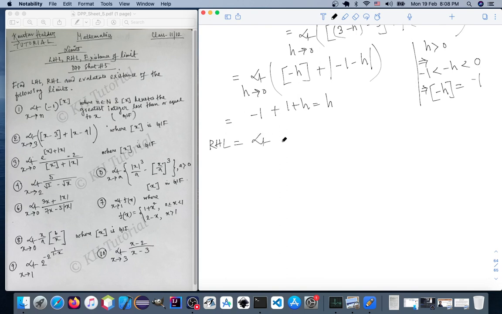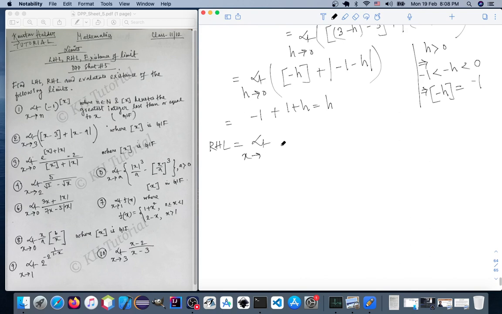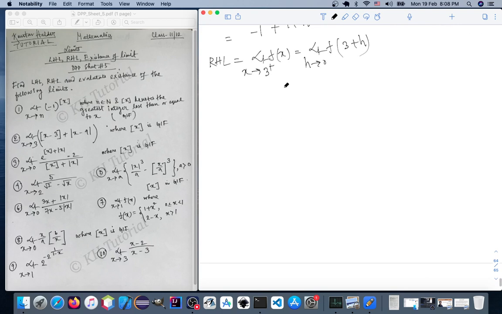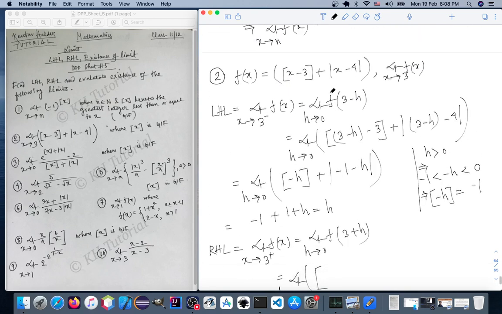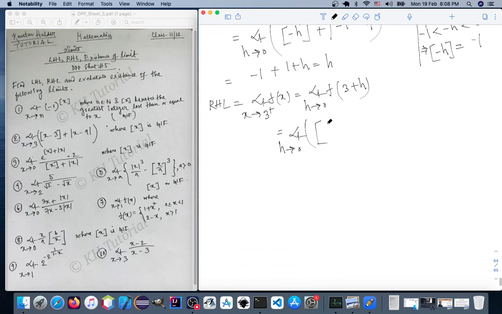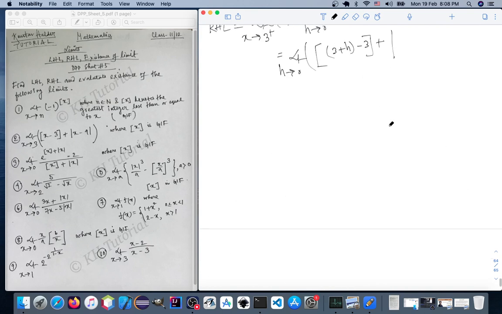RHL equals limit x tends to 3 positive of f(x) equals limit h tends to 0 of f(3 plus h). This equals limit h tends to 0 of box of (x minus 3) plus mod of (x minus 4).